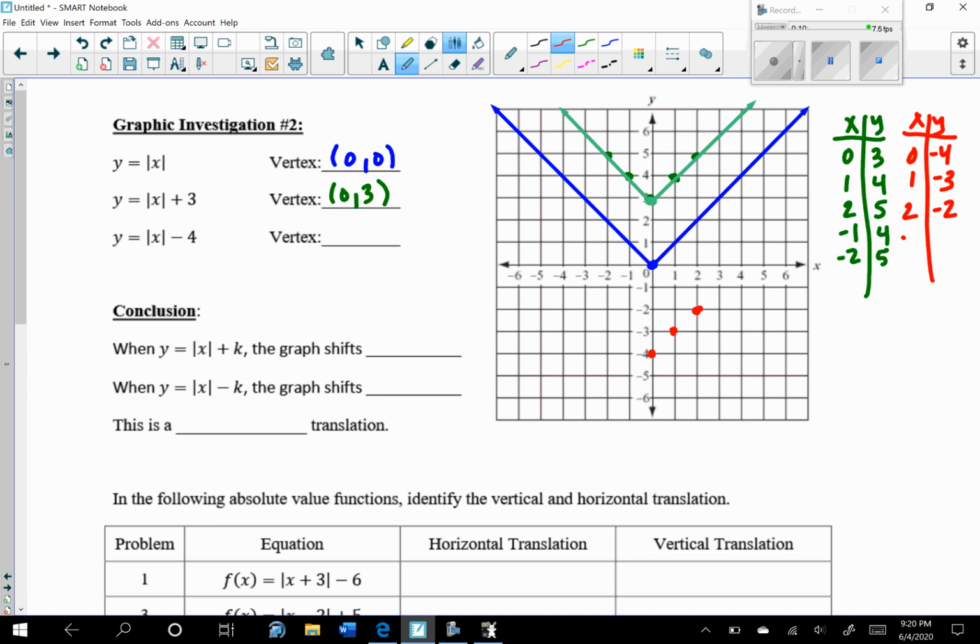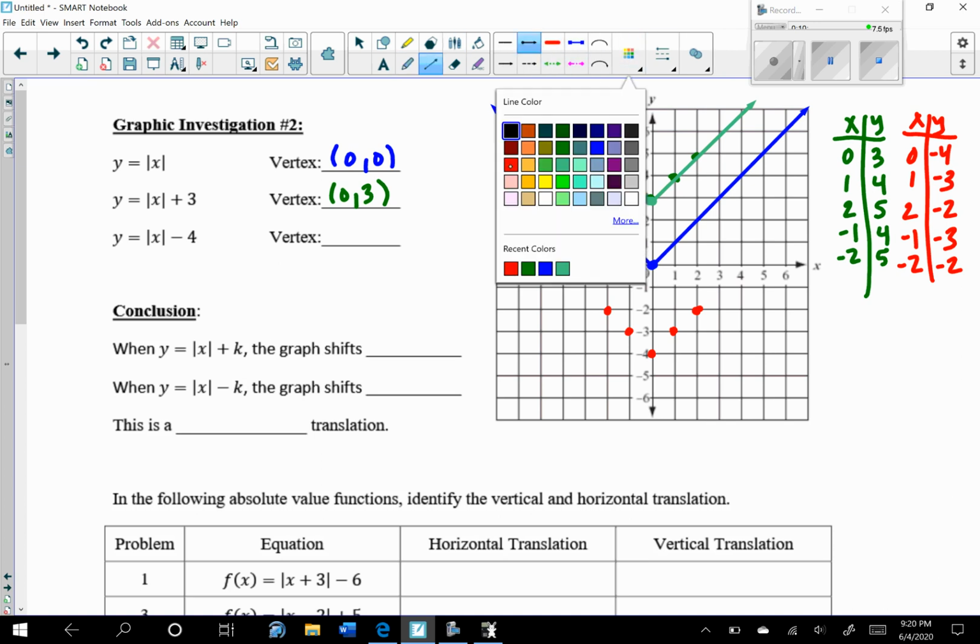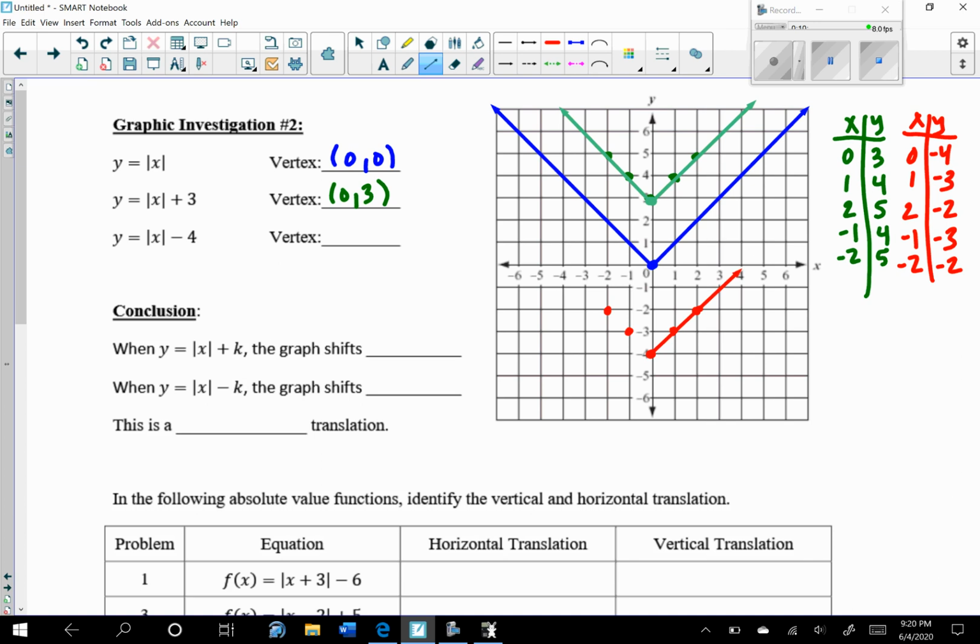And if I plug in negative 1, the absolute value of negative 1 is 1 minus 4, gives me negative 3. And negative 2, the absolute value of that is 2 minus 4, gives me negative 2. And we can see we're making that V shape, so then I can get my ruler and go ahead and graph. And now you can see that the vertex is at 0, negative 4.